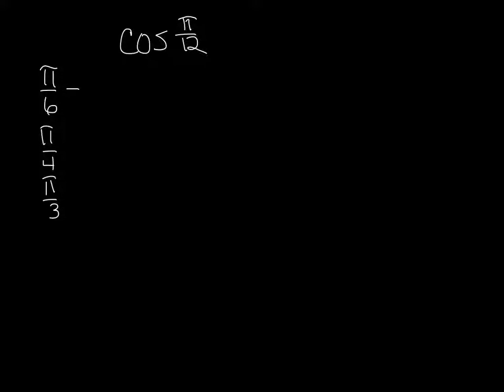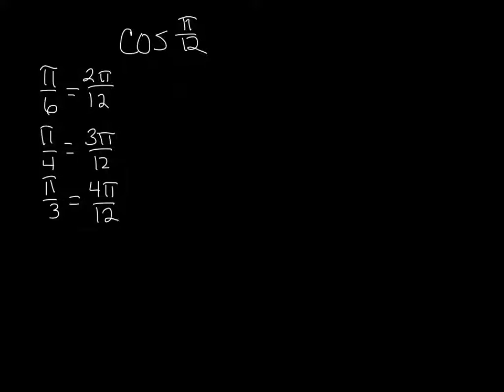If I were to convert these to twelfths, 6 goes into 12 twice. We get 2 pi over 12. Here we get 3 pi over 12. And here we would have 4 pi over 12. So there are some different ways that we can combine these angles to get pi over 12.